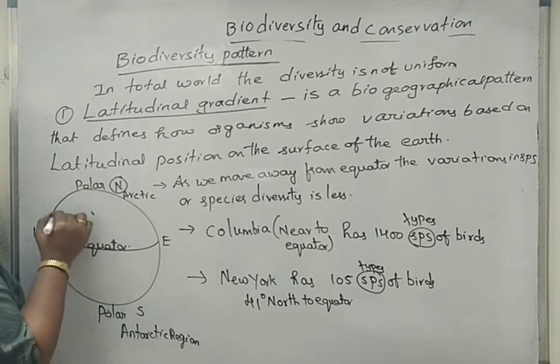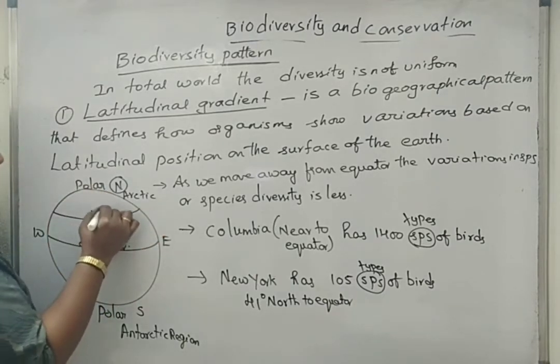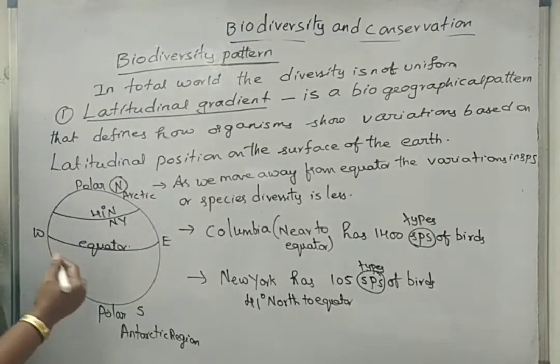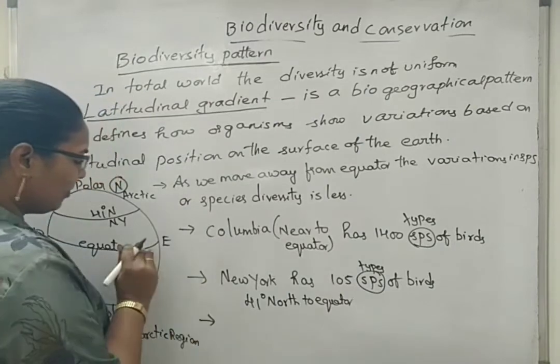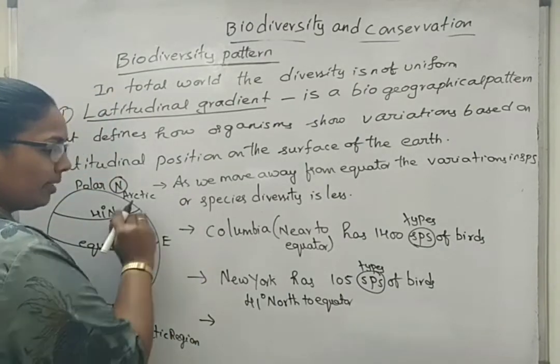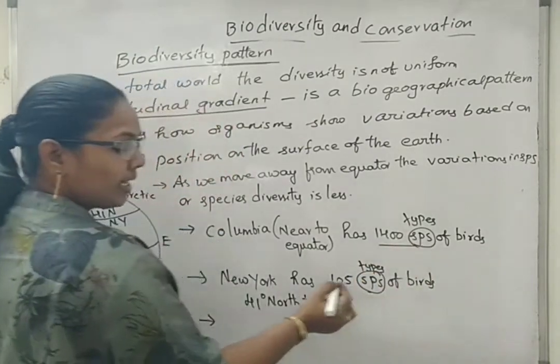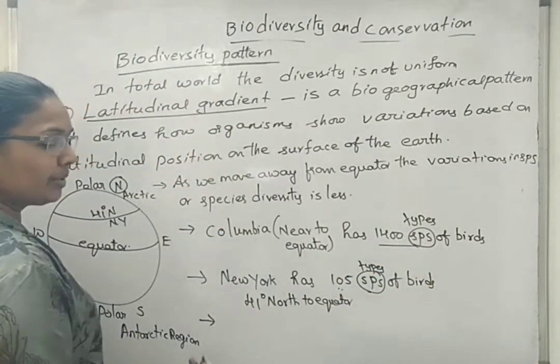Suppose this is 41 degrees north; here we can represent New York. So when we are moving towards the polar region, the number of types of species decreases. Here it is 1400, but it has decreased to 105 types of species.